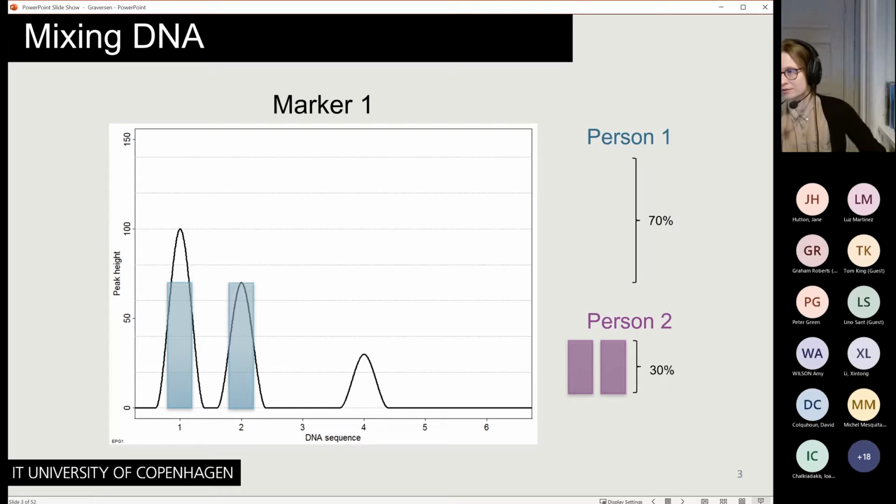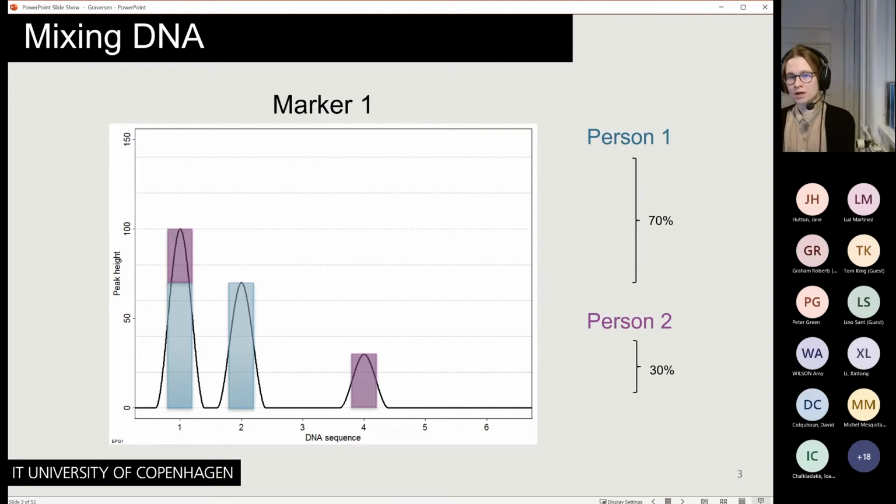Then again, I will have two bars of height 70 for the first person. They have allele 1 and 2, and then two smaller bars placed for the other person. And here you see that the signal basically gets mixed, the bars stack.